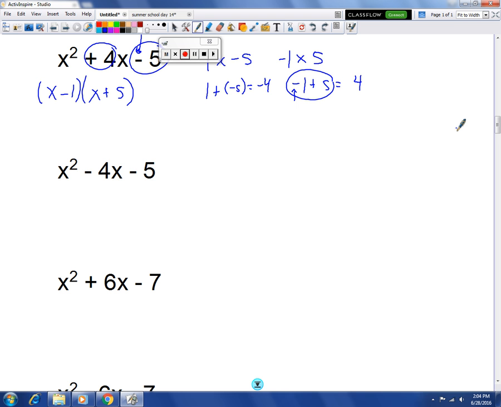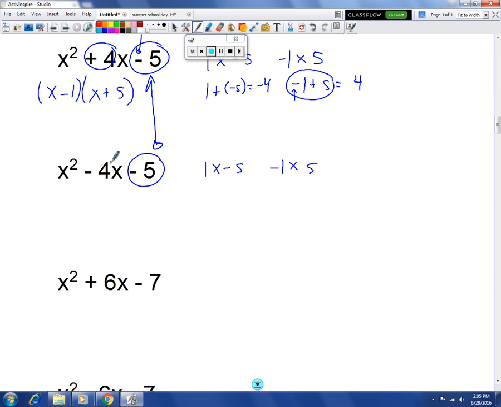As you're learning math, think about what's different about these problems. Here's a negative 5 just like that one. What's different about it? I can do a 1 times the negative 5, negative 1 times a positive 5. But this time, make sure you're looking.